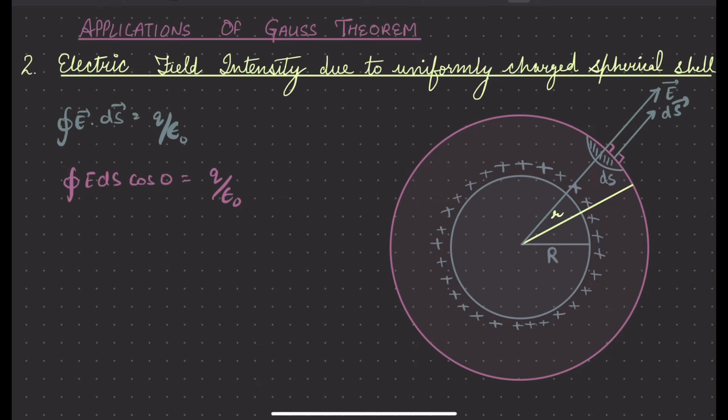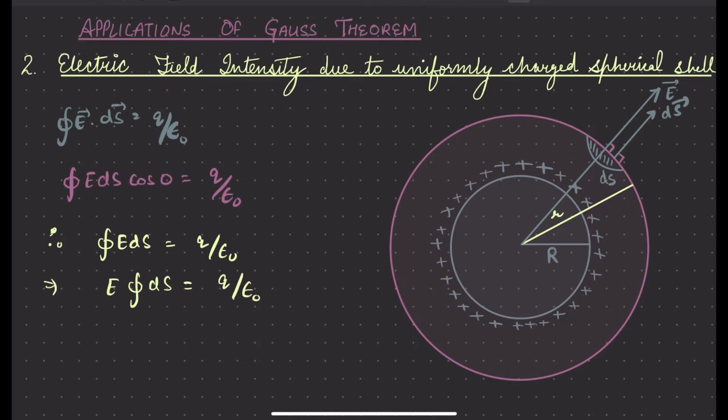where q is the charge enclosed by the Gaussian sphere of radius small r, and this uniformly spread total charge is taken to be small q. Now we know cos 0 is 1, therefore we have closed integral E ds is equal to q upon epsilon naught, and from here we have E times closed integral ds is equal to q upon epsilon naught.